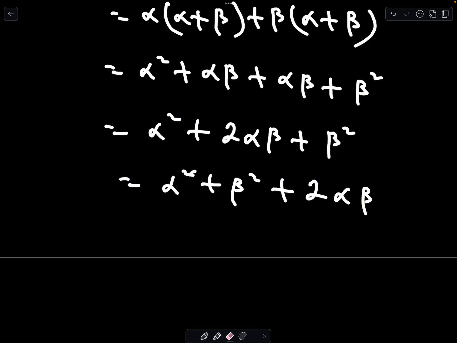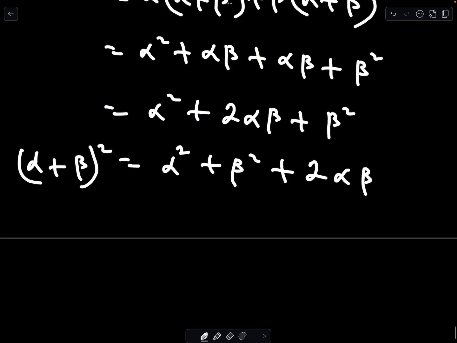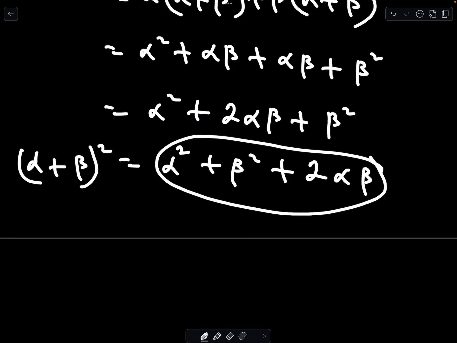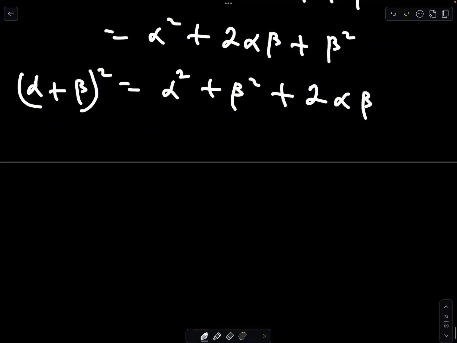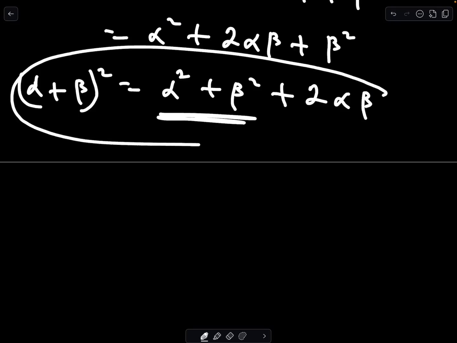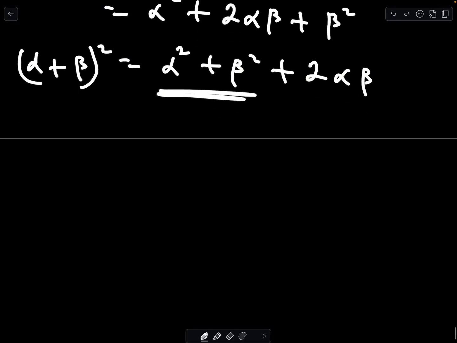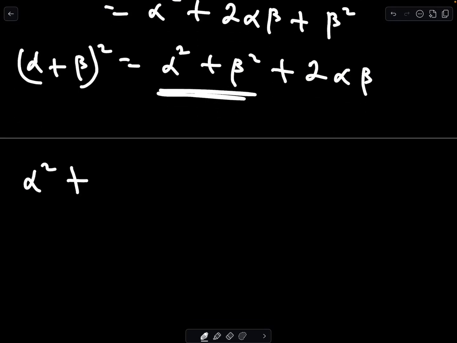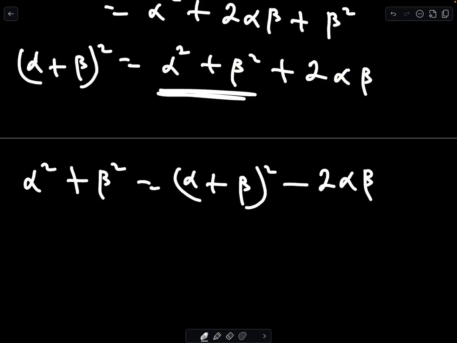This simply means the square of the sum of alpha and beta is the same as alpha square plus beta square plus 2 alpha beta. Now, if I make alpha square plus beta square the subject of this formula, I'm going to have alpha square plus beta square equals alpha plus beta all square minus 2 alpha beta.